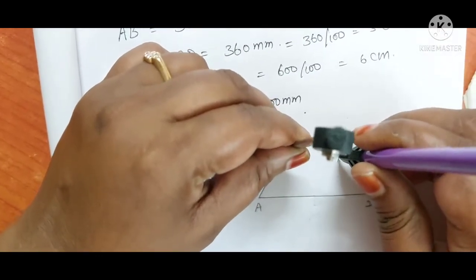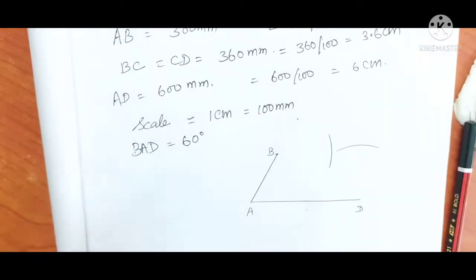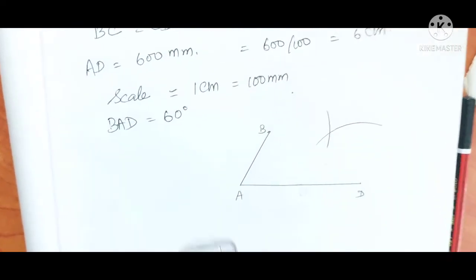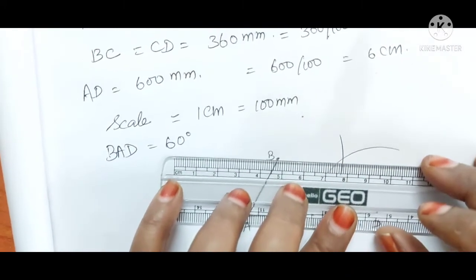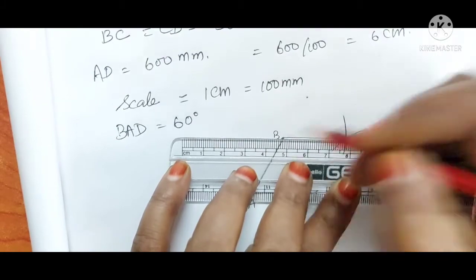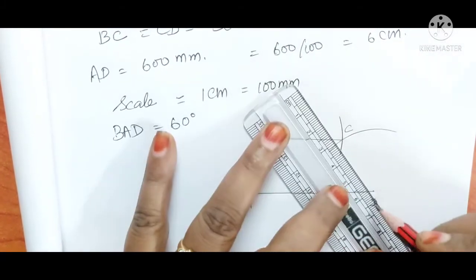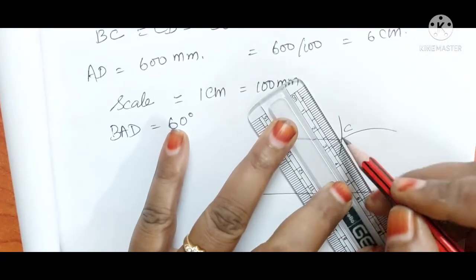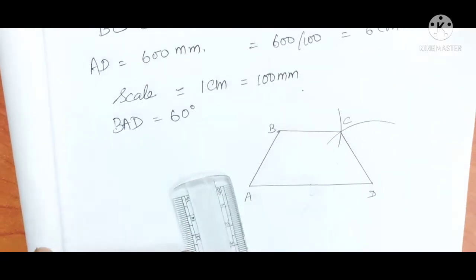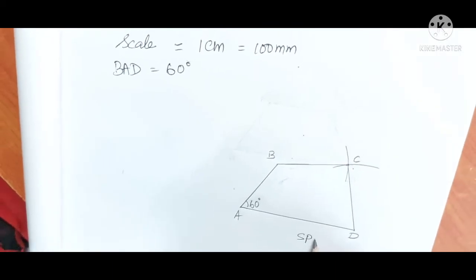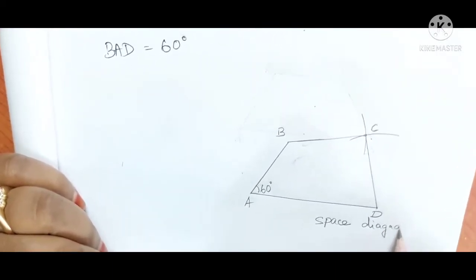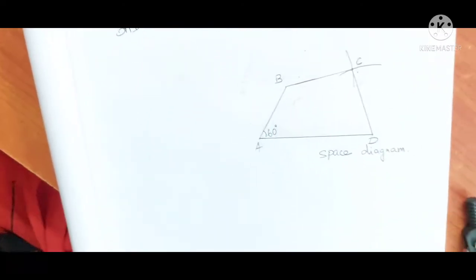Mark this point and join the links. So this is the point C and this is the point D. This is the space diagram for the given 4-bar configuration.